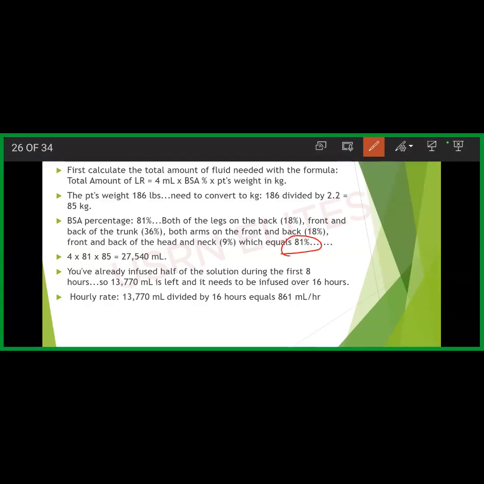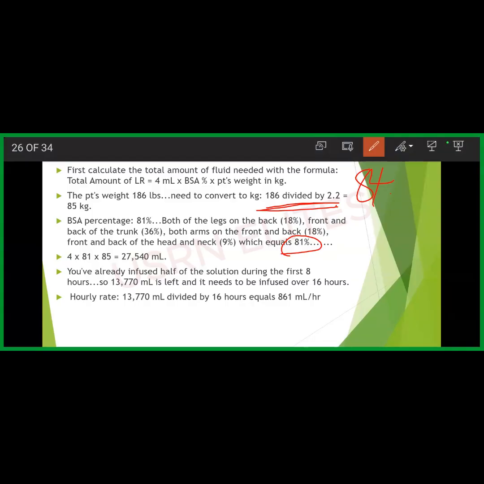We all had 81, right? Then when you do the actual division here, what figure are we getting? 84.57.